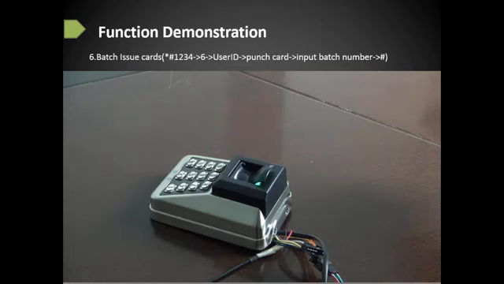Punch issue card. I think this function is not very useful, but I will tell you. You can also set this function in the Access 3.5 software. So in my video, I choose the punch issue card function. The operation is also to enter the administrator mode first by inputting star key, pound key, 1 2 3 4, and then input number 6 to enter the punch issue card mode.